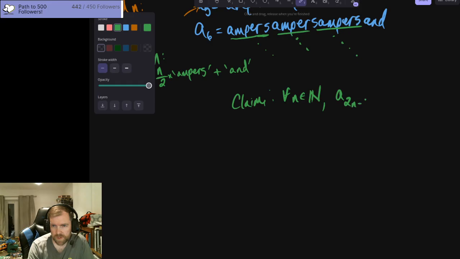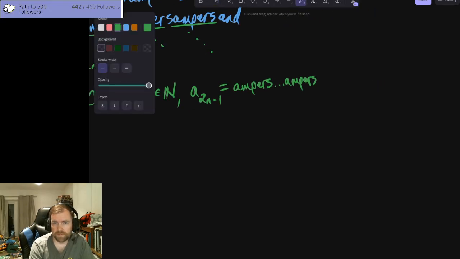A sub 2n minus 1 is going to be equal to however many ampersands we're going to have, followed by the ampersand symbol.